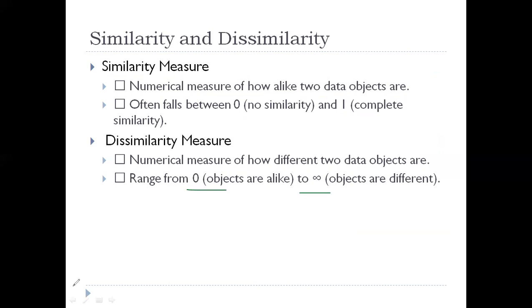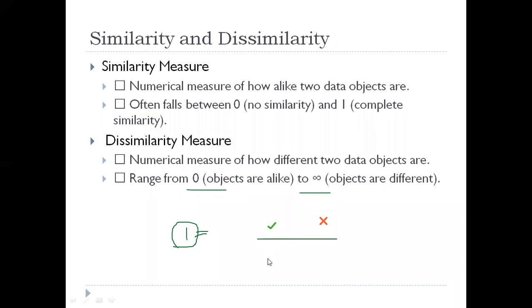While calculating the dissimilarity, assume these are the two objects. If the difference between these two objects is large, then we can represent it by using a higher value. If the difference between the two objects is very small, then we can represent it by using 0.